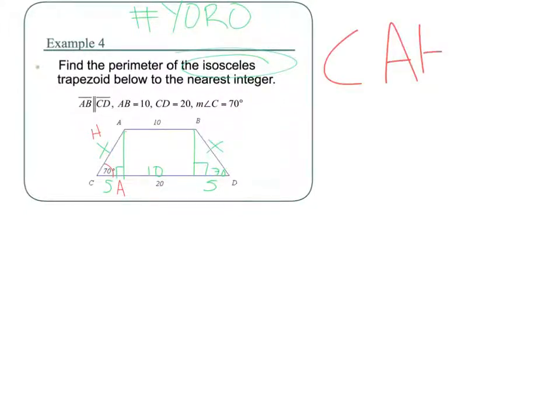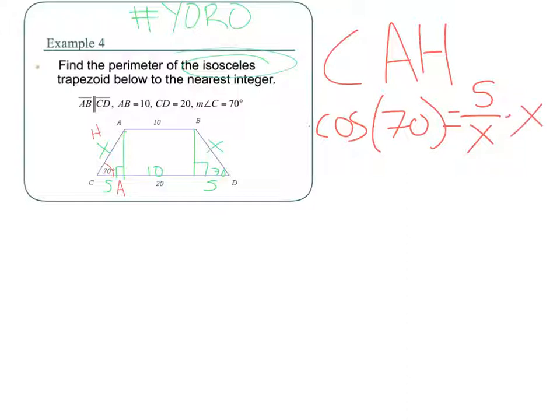SOH CAH TOA. Cosine in this case. So cosine of 70 degrees is equal to my adjacent side, 5, over my hypotenuse, we'll call it x. Now I got to solve, so I'm going to multiply by x on both sides. So I get x times the cosine of 70 is equal to 5.